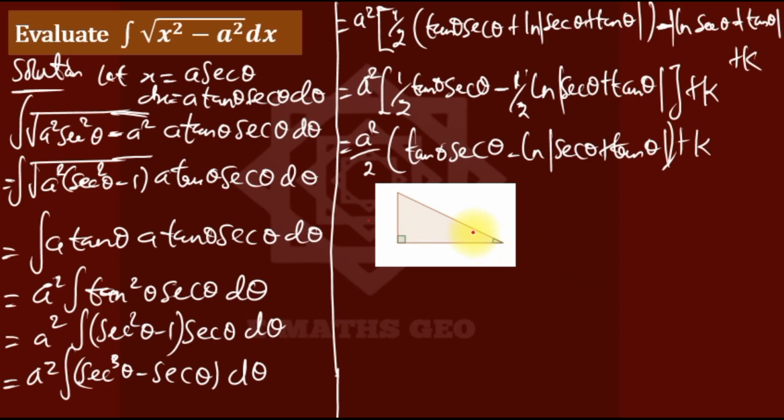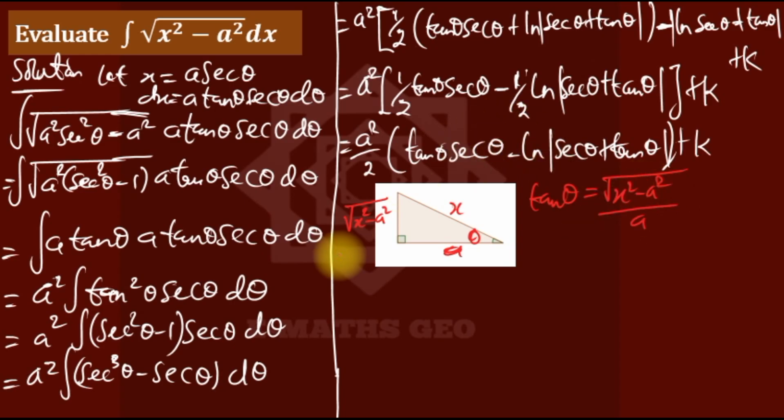If this is theta, then cos theta is a over x, and the remaining side will be the square root of x squared minus a squared. So tan theta, opposite over adjacent, is the square root of x squared minus a squared over a.